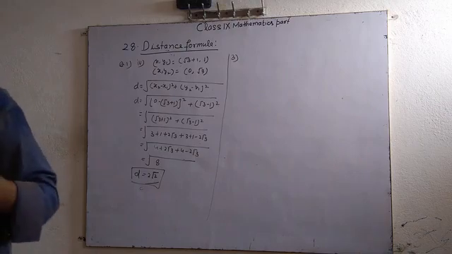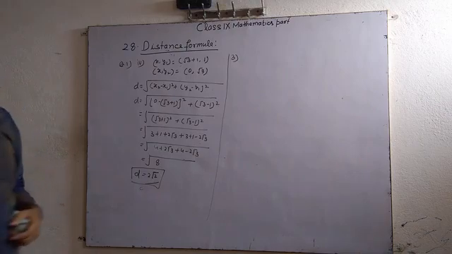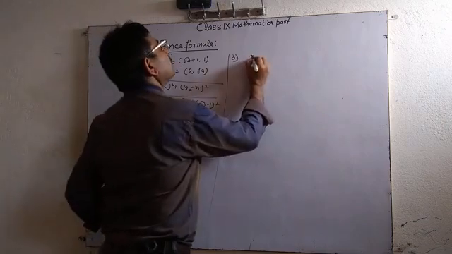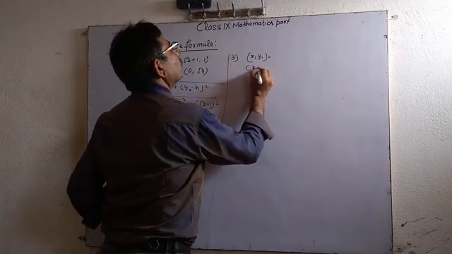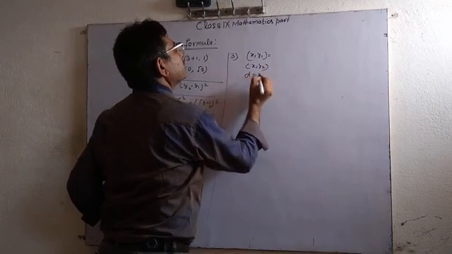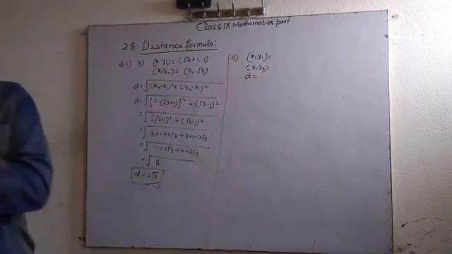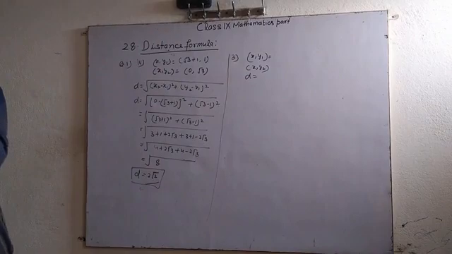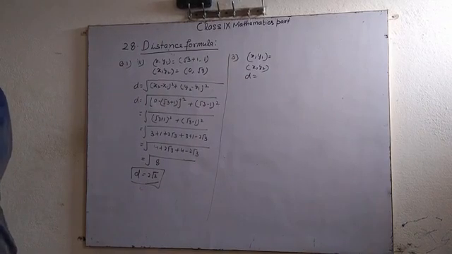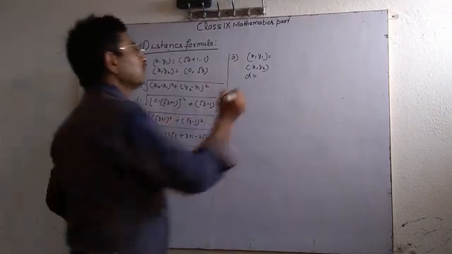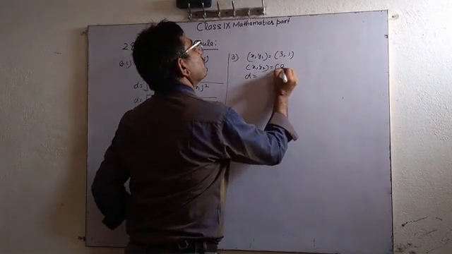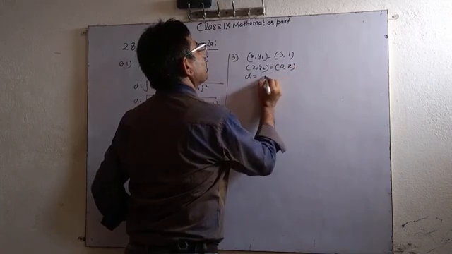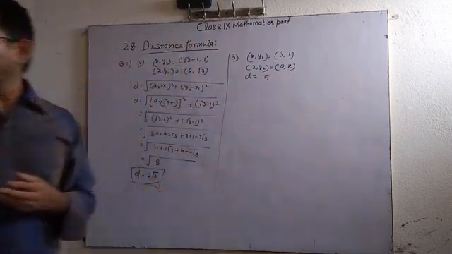Given the distance between the points x1, y1 and x2, y2, and distance d is also given. The distance between the points 3, 1 and 0, x is 5.